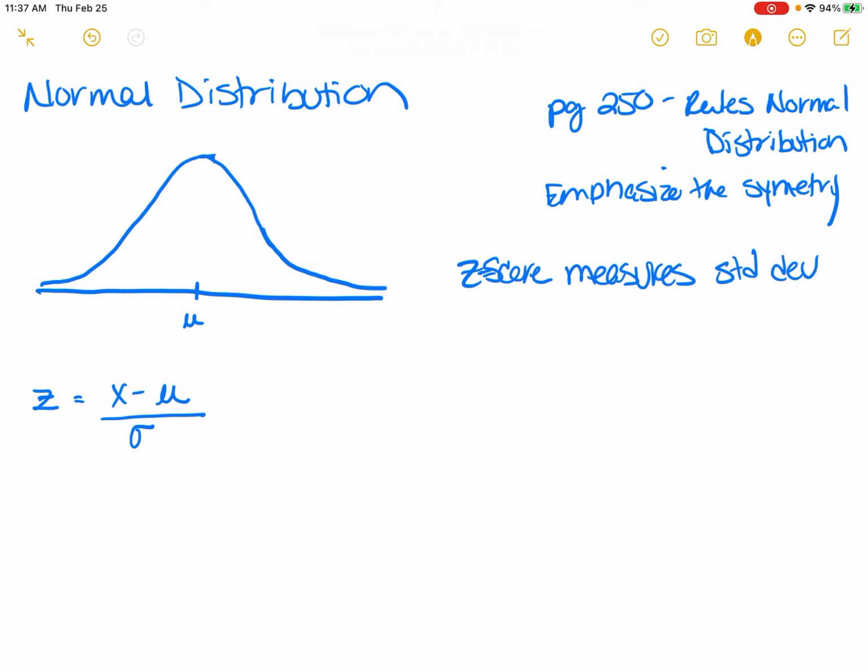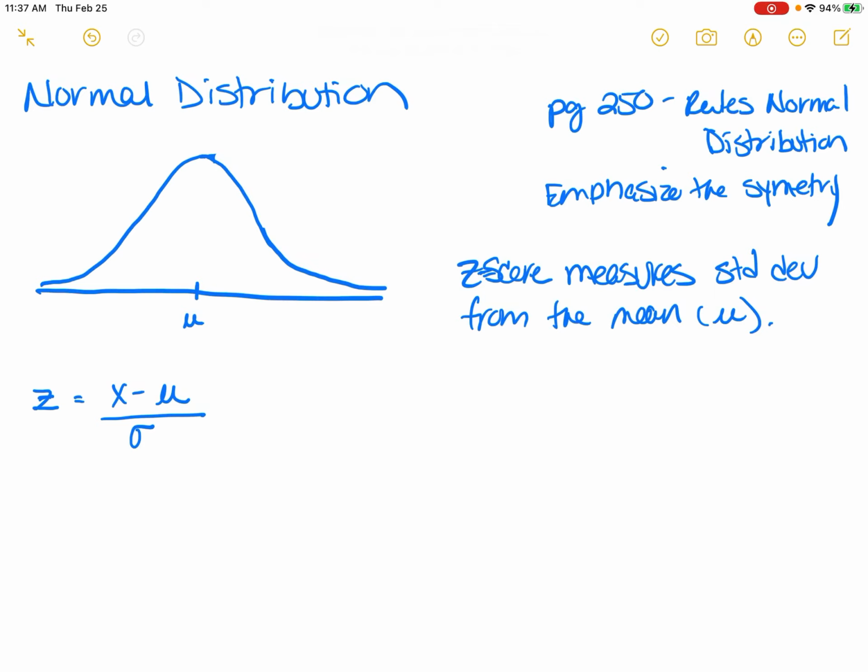I'm just gonna abbreviate standard deviation. The mean, which we are calling mu, is located right smack dab in the middle of this distribution.